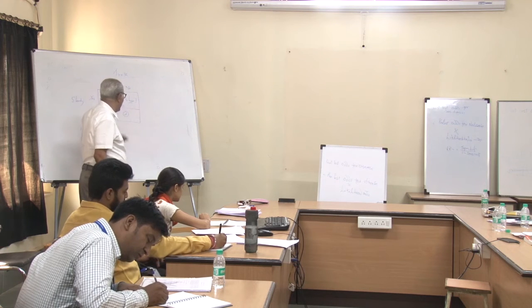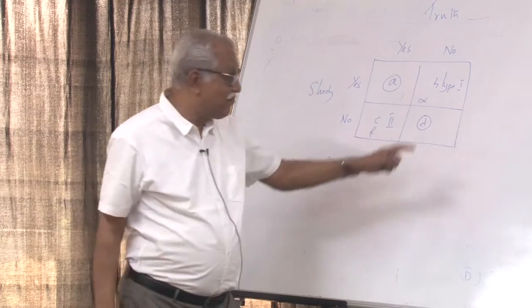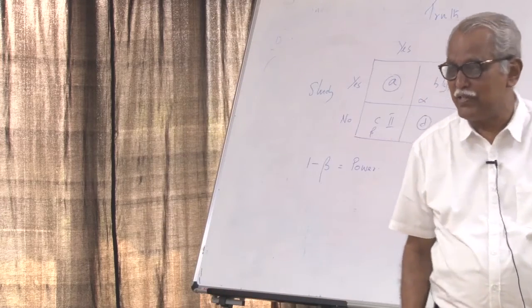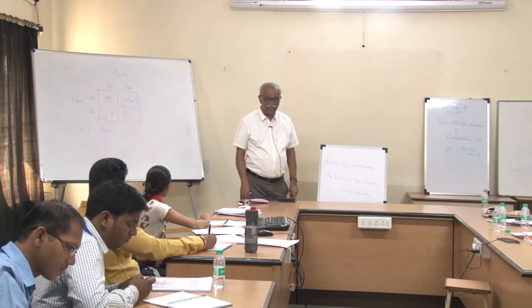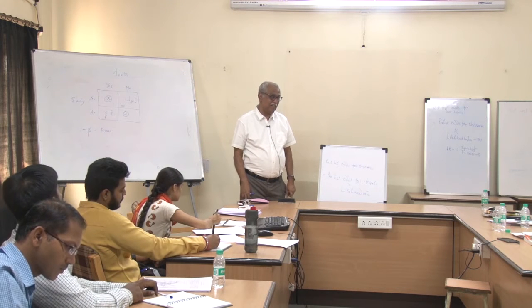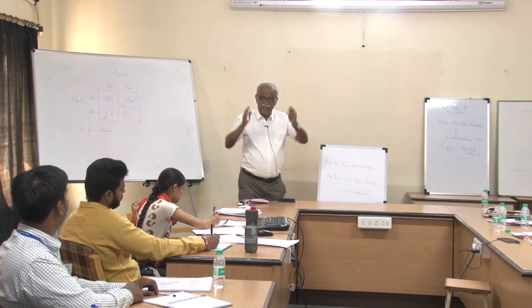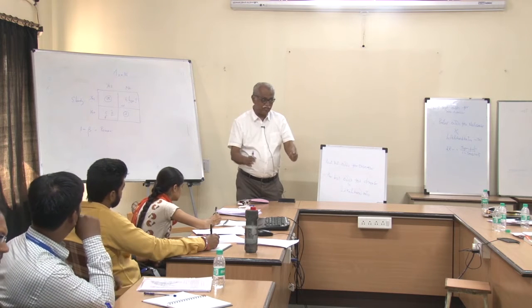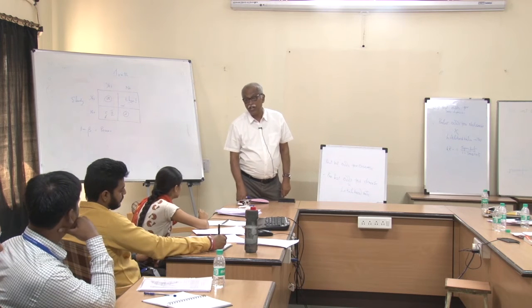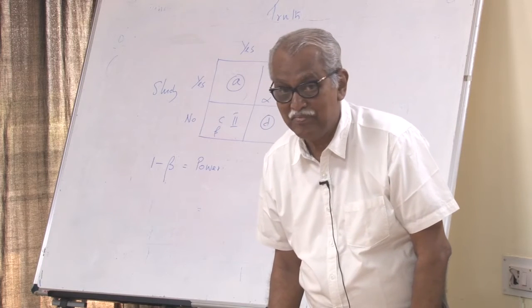Okay? This is even more tricky. This type 1 error, we call it like that, is something like 1 minus specificity. That is, given that there is no association, what is the probability you will wrongly conclude there is an association?